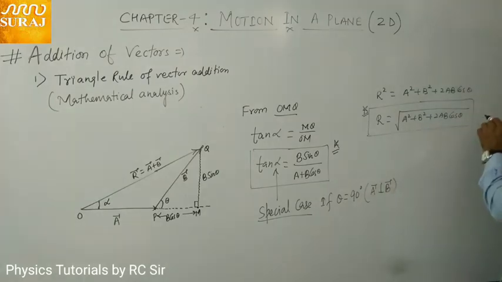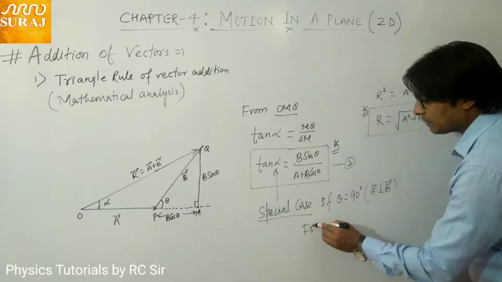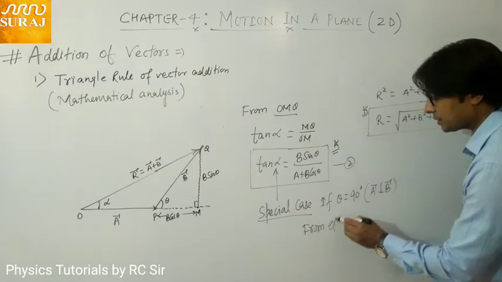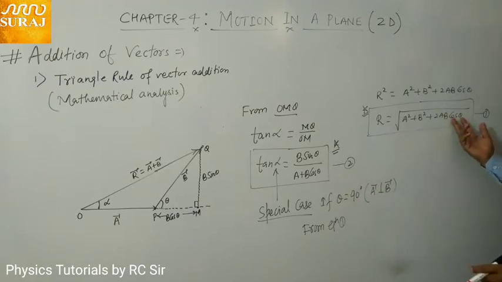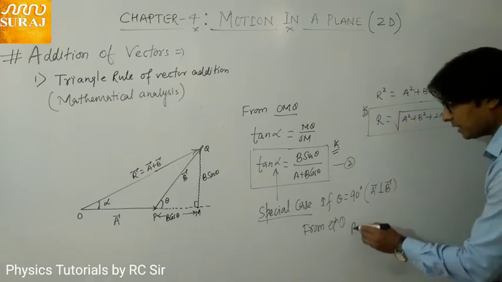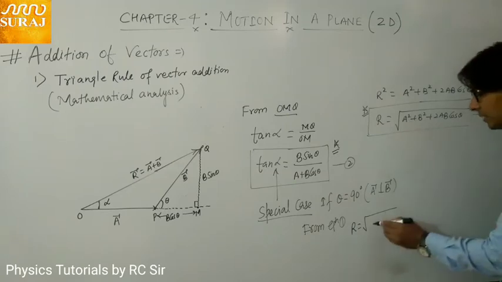Suppose this is equation first and this is equation second. From equation first we can calculate the magnitude. If I put theta equal to 90 degrees, cos 90 becomes 0, so this complete term becomes 0. So the resultant comes out to be R equals square root of A square plus B square.